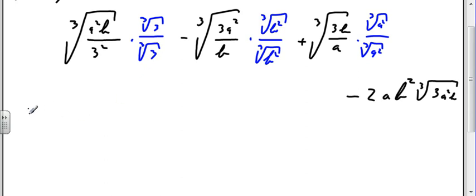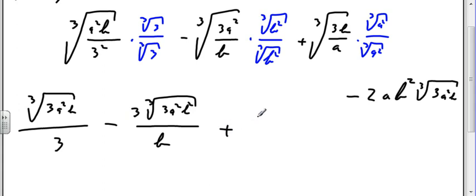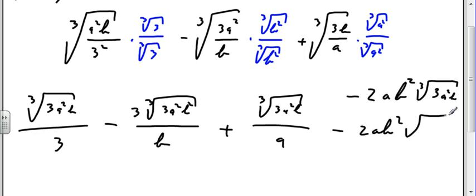So I've got cube root of 3 a squared b over 3 minus 3 the cube root of 3a squared b squared over b plus the cube root of 3a squared b over a minus 2ab squared cube root 3a squared b.